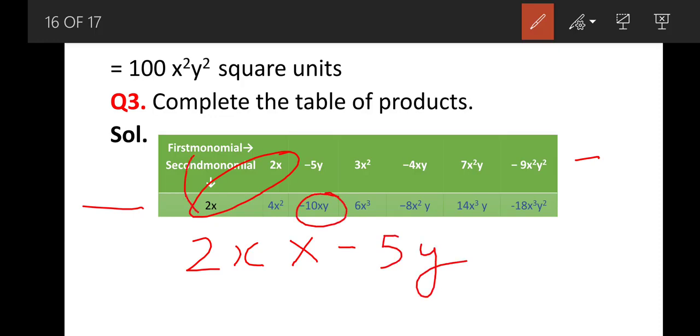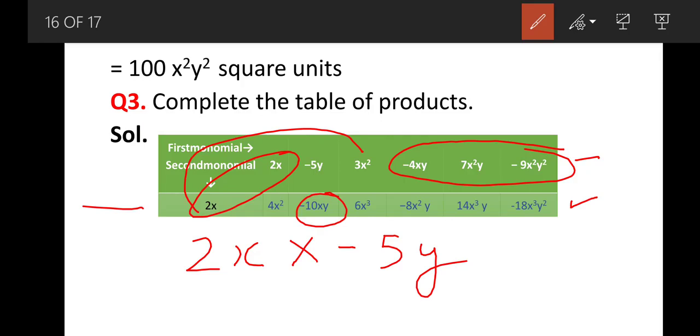Similarly, this 2x is to be multiplied by 3x square, and your answer will be 6x cube. Likewise, you are supposed to multiply this 2x by every monomial present here, and you will be able to complete the table in the same manner I have explained.